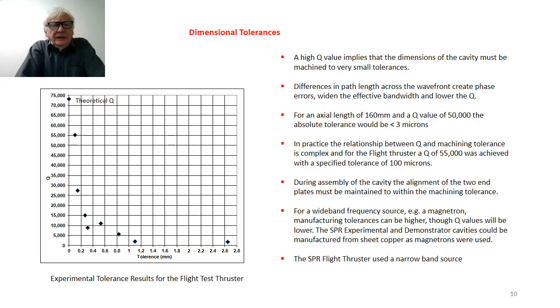And you can see that if you start off at the theoretical Q of around 74,000 for this particular design, you drop down to 55,000, which was the working maximum value of the cavity at about 0.1 of a millimeter.